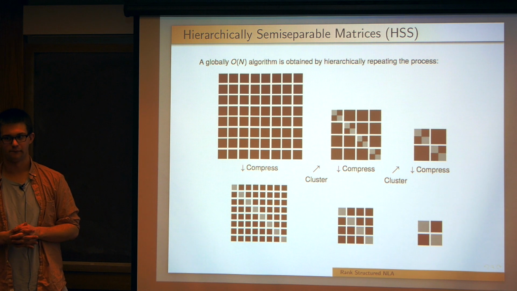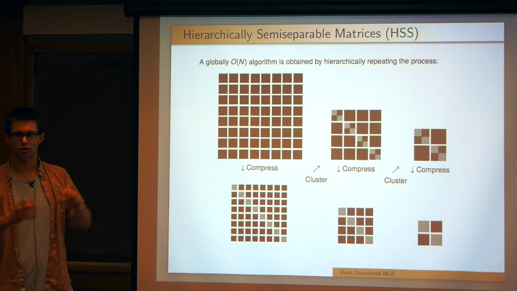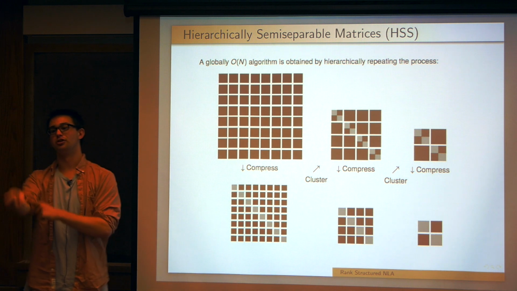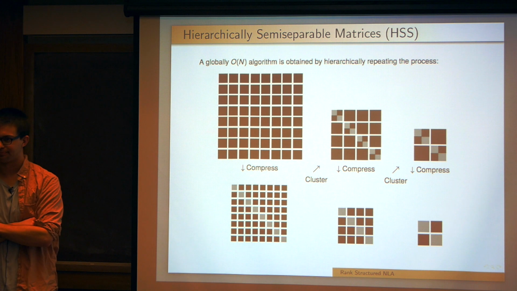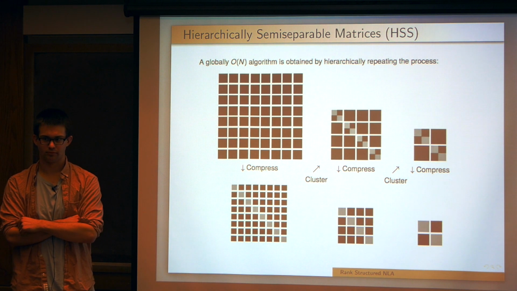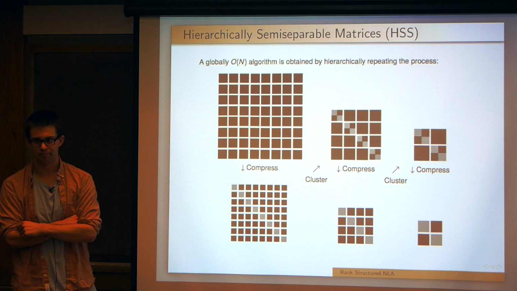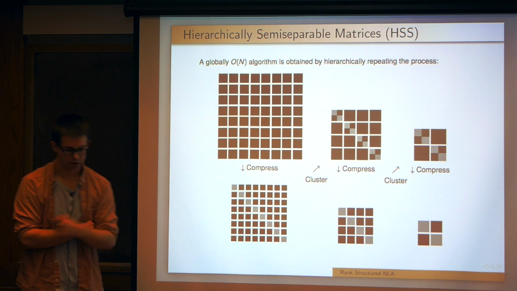And when you mean cluster, you're just merging the neighbors. Exactly, you merge neighbors. At that level, when you compress, you don't touch that diagonal block, and you further compress the rest. Yes, yes. Okay, good, very good.